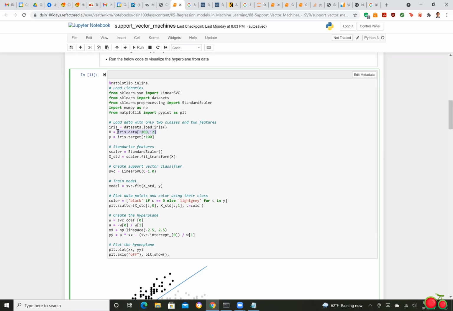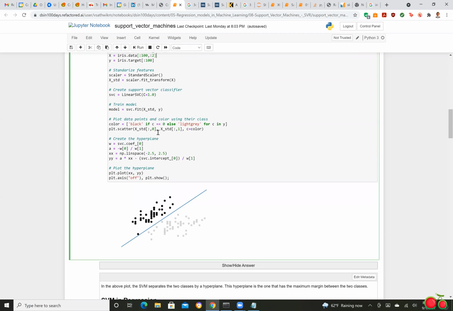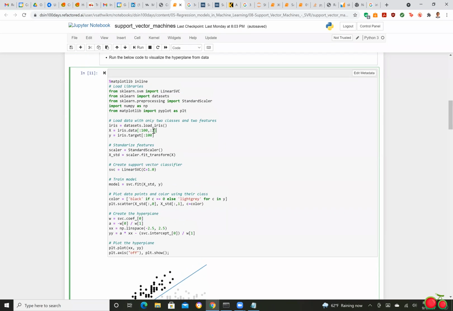That's what we are selecting. As I said, there are 4 different variables in the iris data set, 4 different predictors, so to say: the sepal length, sepal width, petal length, and petal width. In this case, we are only taking 2, and you see a 2-dimensional plot. Can you guys tell me why we specifically picked 2 and not 4?